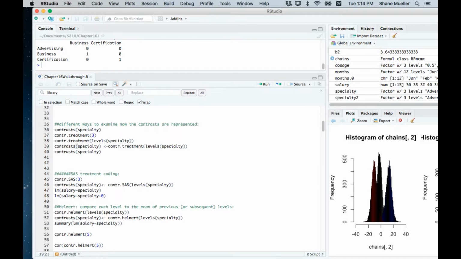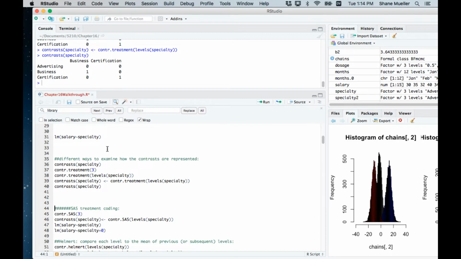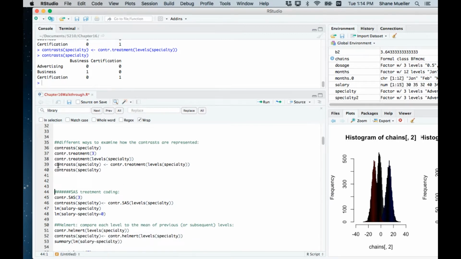You pull the contrast out, and it's weird because it's on the left side of the assignment, but this is the same way as you change row names and column names and things like that. So instead of doing it alone, I can set this equal to it, and you can see it didn't change because I set it equal to the thing it already was, but this is how you change the contrast. So you can create a factor, and you can then change the contrast. There may be a way to specify the contrast within a factor command as well, but this is sort of the easiest way to do it.